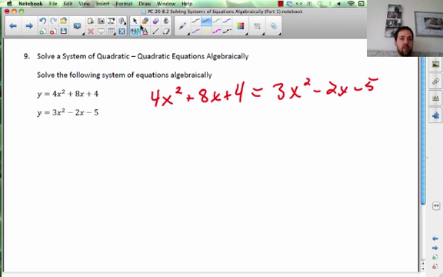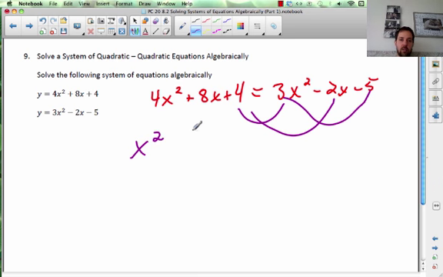Okay, group everything to one side. So subtract those, add those, and add that, and we get 4x squared minus 3x squared is x squared. 8x plus 2x is 10x. 4 plus 5 is 9. And then 0 is left on the right.